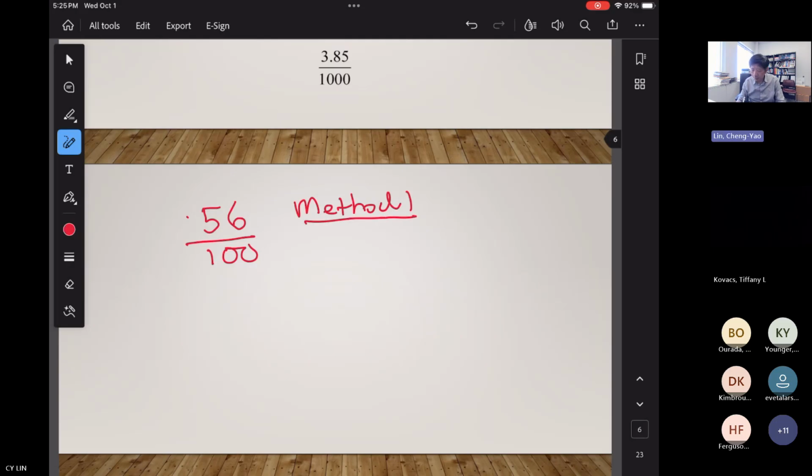You take the 56 there, and since this is divided by 100, we will count the decimal point. We count the decimal point right there. So we count the decimal point to the left or to the right?